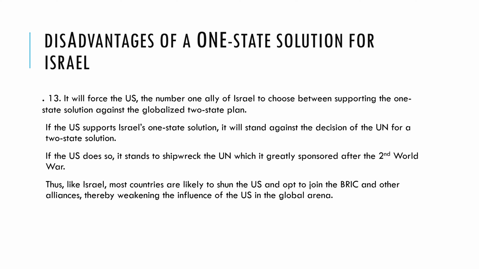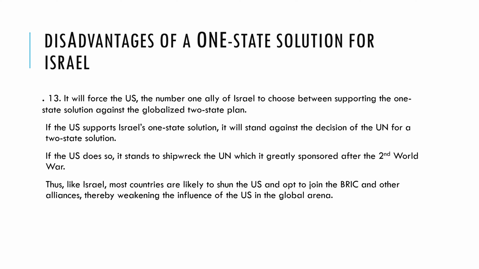13. It will force the US, the number one ally of Israel, to choose between supporting the one-state solution against the globalized two-state plan. If the US supports Israel's one-state solution, it will stand against the decision of the UN for a two-state solution.